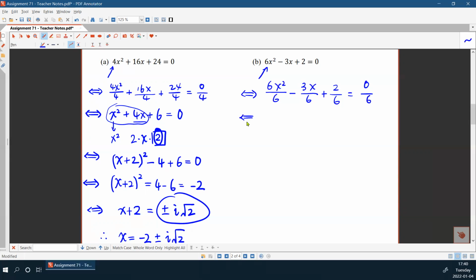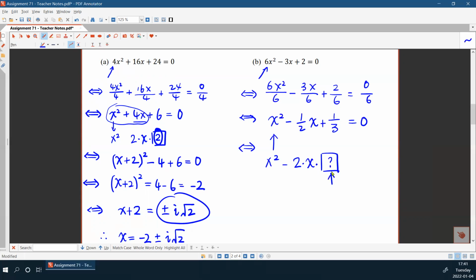And in this way, this will give you x squared, then minus 1 over 2 x, then plus 1 over 3 equals 0, right? And then you can use the completing the square method. So note here, this is our x squared, and the second term should be twice the first, which is x, and something here, right?